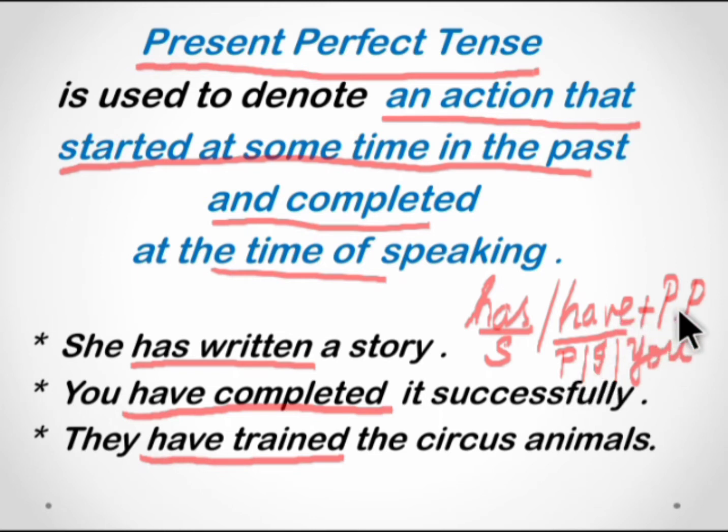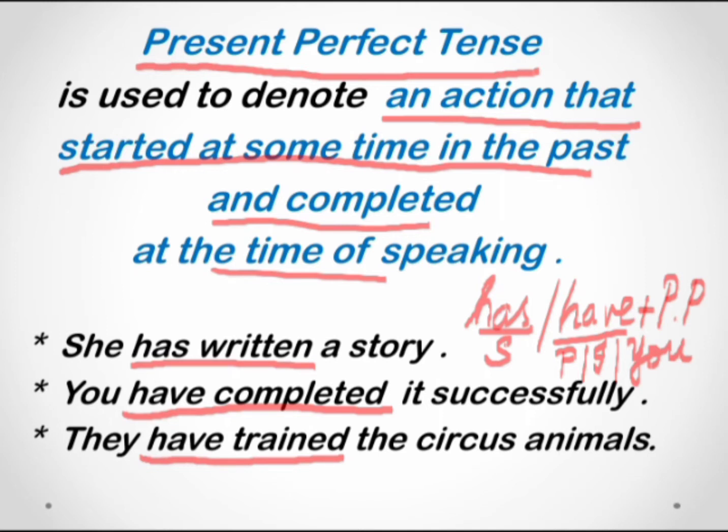And with that we use the past participle of the main verb. If you see in these perfect tenses, we will be able to see two verbs. One will be the main verb and the other one will be the auxiliary verb, that is the have verbs: has, have or had. So the present have verbs are has and have.